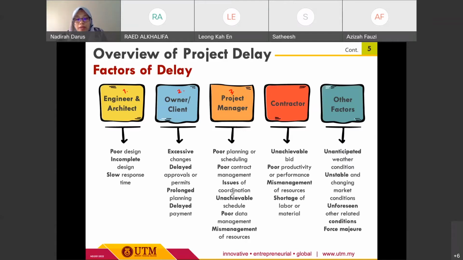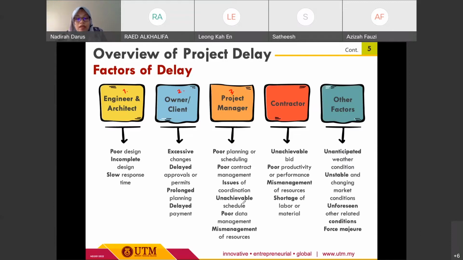So by preparing the plan, by preparing the schedule, the project manager or the planner themselves need to make sure that the schedule is achievable. Okay, it must be logical according to the resources they have. Is it sufficient for the labor or for the plant or machineries available to construct the works?